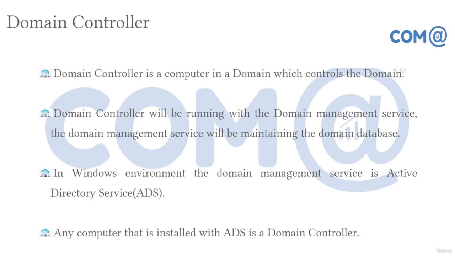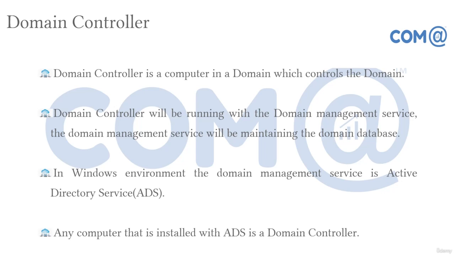So a domain controller will be running a special service, which we call the domain management service. Any computer which is running the domain management service and is configured for a particular domain is a domain controller. The domain management service maintains a database in which it stores the user information, user login information, and user configuration information.